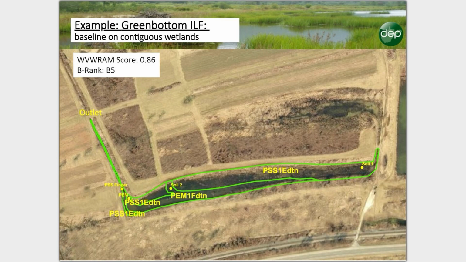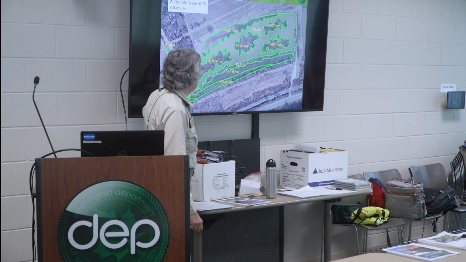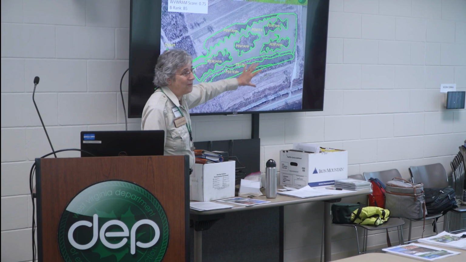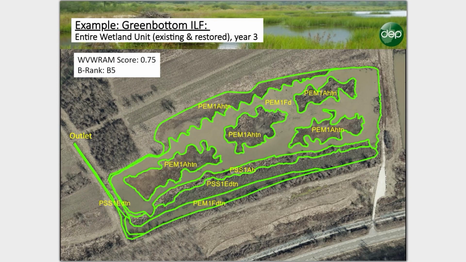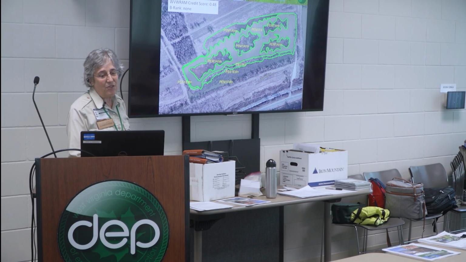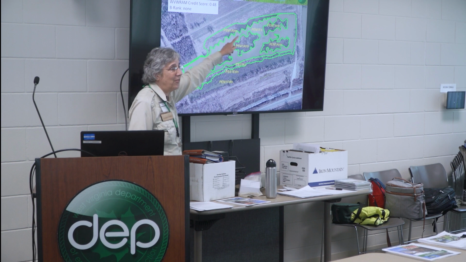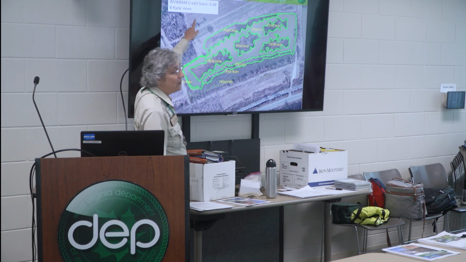Then construction was done, and the score of the entire wetland with the baseline has dropped to a 0.75, even though it still has that B rank. So what we actually are going to be monitoring over time at Green Bottom is the score just of the restoration area, which is only a 0.48.